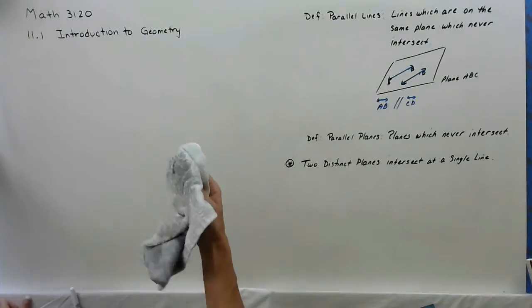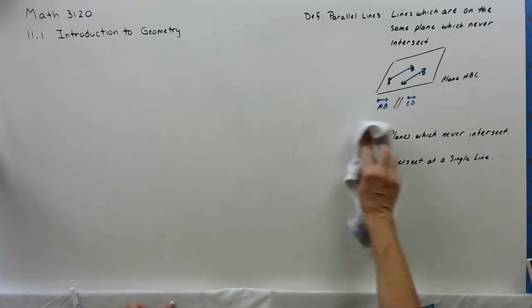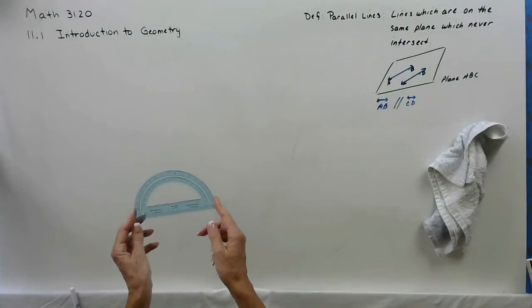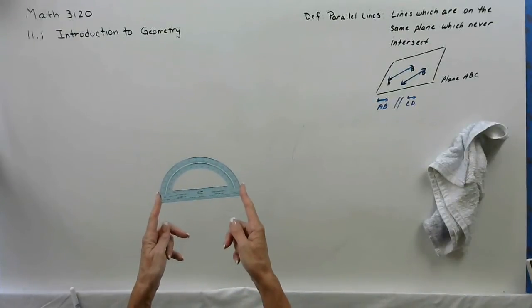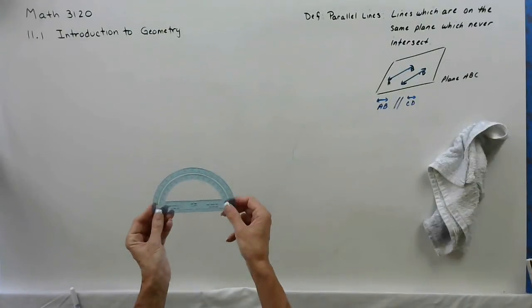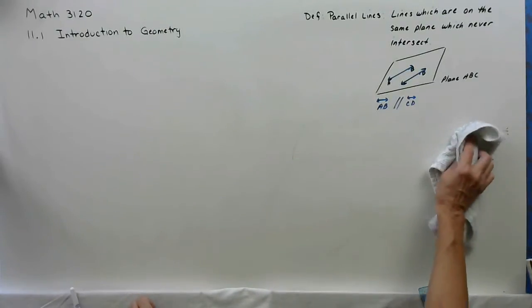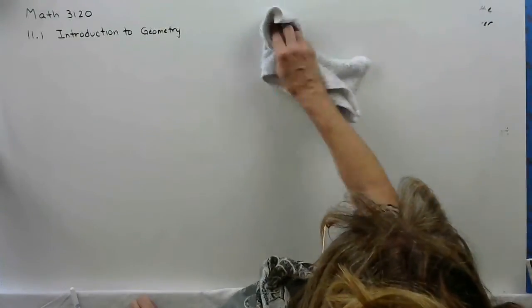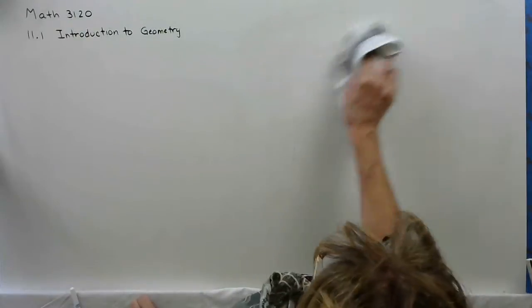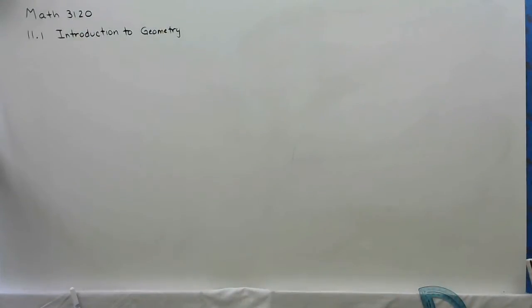So you will be needing a protractor. You can either purchase a protractor or you could go online, Google protractor images, and probably print one and cut it out so that you have a way to measure some angles.